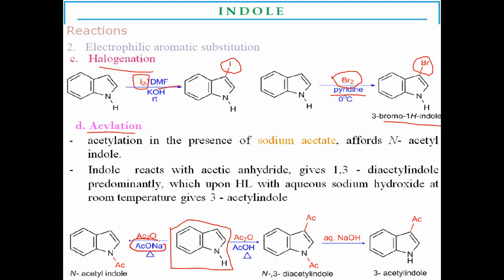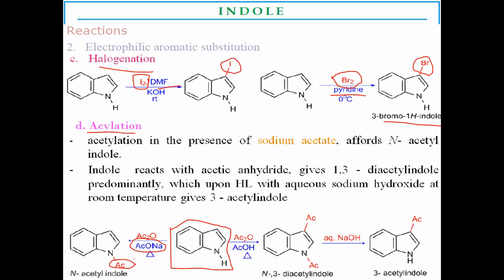That is the Perkin reaction. An acyl group is substituted on the first position. When sodium acetate reacts with acetic anhydride, it forms N-acetyl indole.